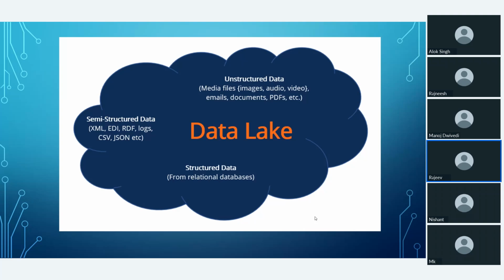And unstructured data could be media files, images, audio, video, documents, PDF, everything. It can store that data. Raw data means data that has not been cleaned or organized or processed yet. It can hold structured data like tables in an Excel, semi-structured data like JSON or XML, and unstructured data like videos, PDFs, images, or email.